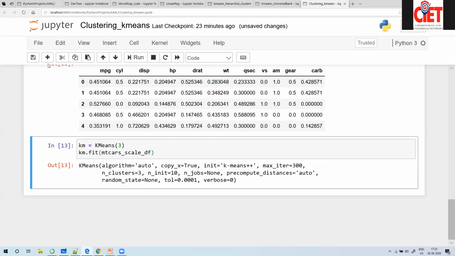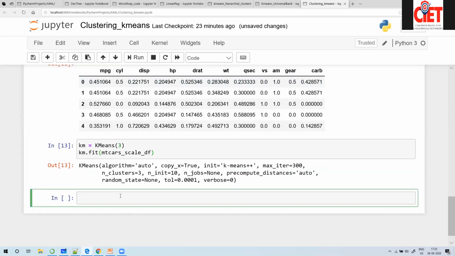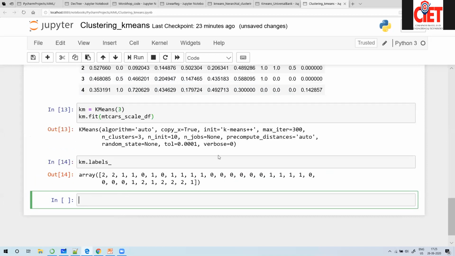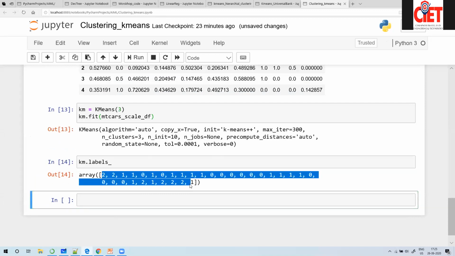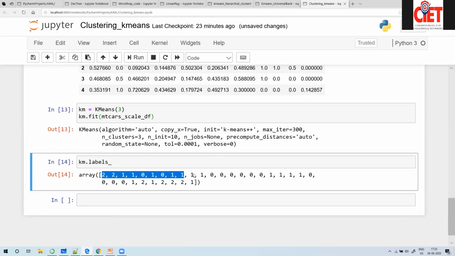So we have run it and we have Km dot labels. Now if you run Km dot labels, it will print the label for each observation.